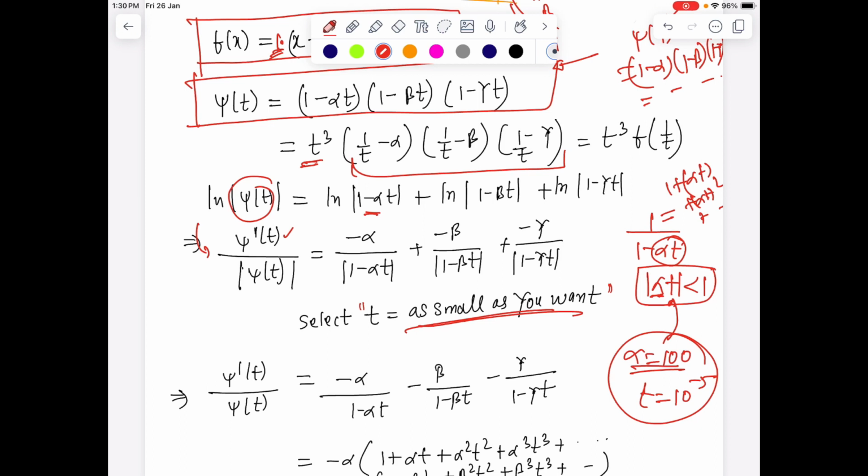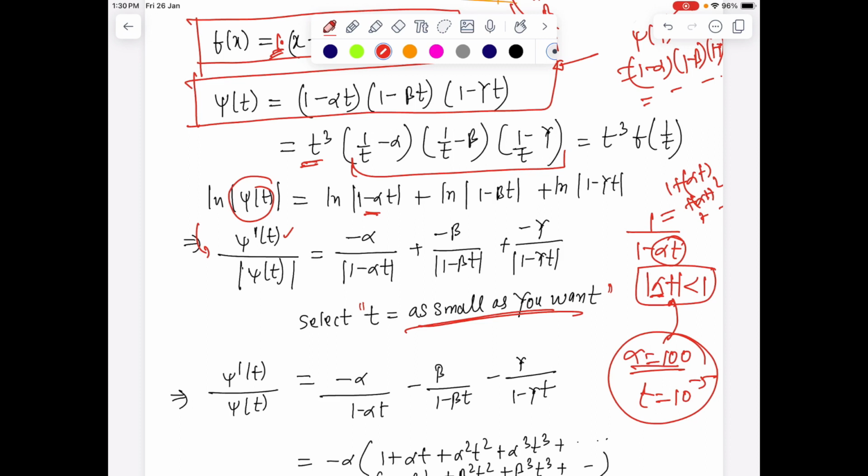If the mod of alpha t is less than 1, then we can clearly expand the term 1 by 1 minus something as 1 plus something and so on, and that's good news because that will give me a sum of powers of alpha. Because if alpha is 100 and I kept t as 10, or t as 1, then it's the divergence region.